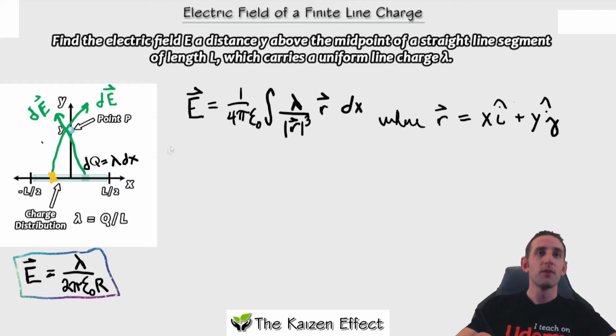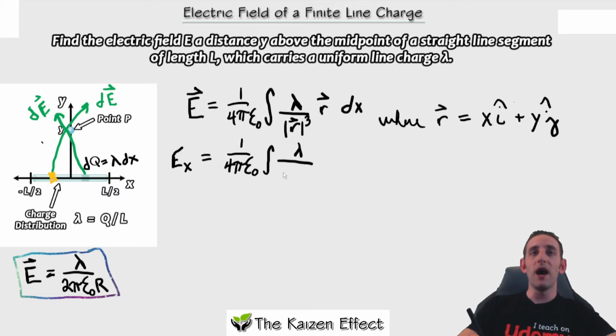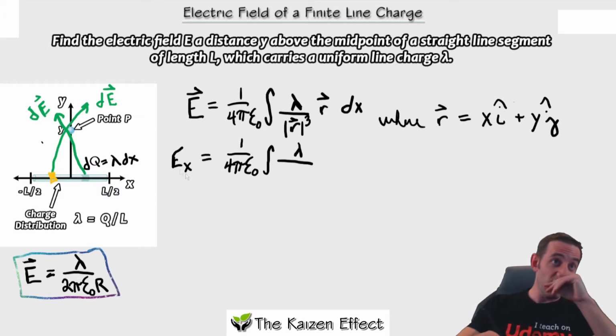But anyway, we're going to consider the x component. So E_x. And what this means is that we get the following that we have to evaluate. So we get 1 over 4 pi epsilon naught, we're going to get an integral, we're going to get lambda. On the bottom, we need the magnitude of this radius.